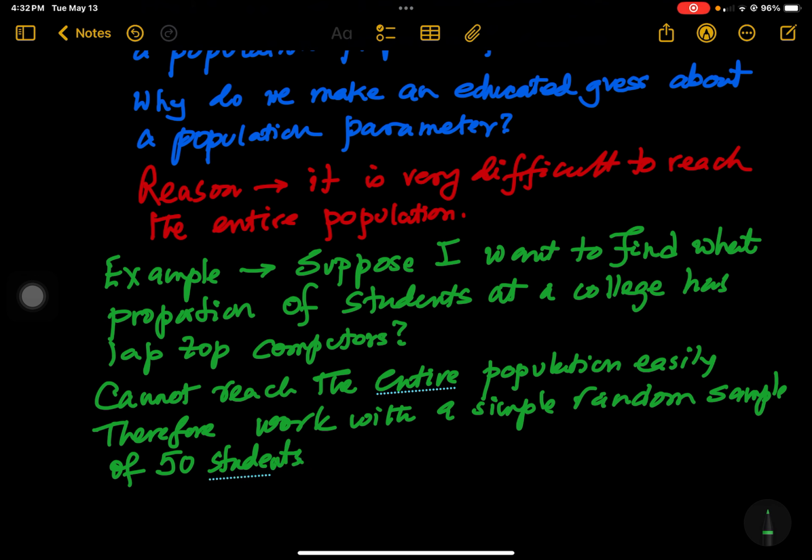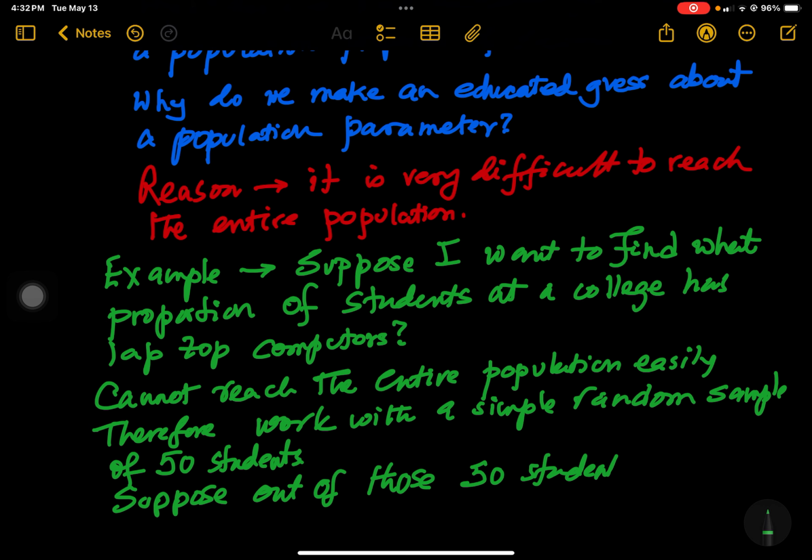Suppose out of those 50 students, 35 have laptops.